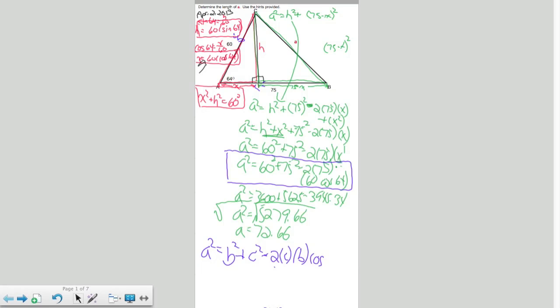Yeah, 64 is our big A. So here we have a general equation based on what we're given to solve for that side length.